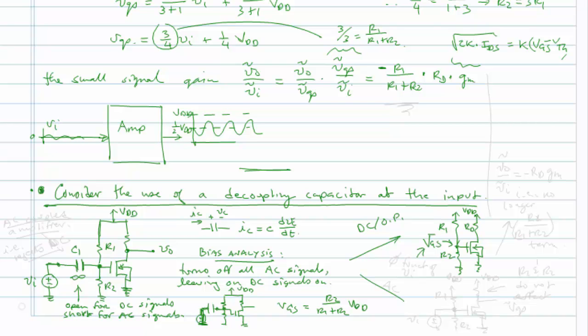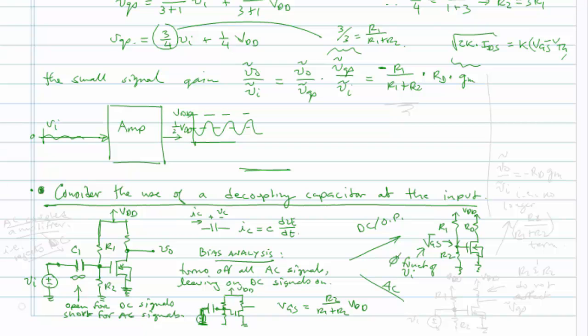This is not a function of VI. So if VI has an offset voltage on it of 10 volts or 2 volts, whatever, it's not going to affect VGS, because under static DC conditions the capacitor is open.